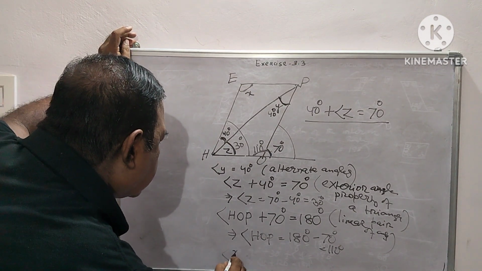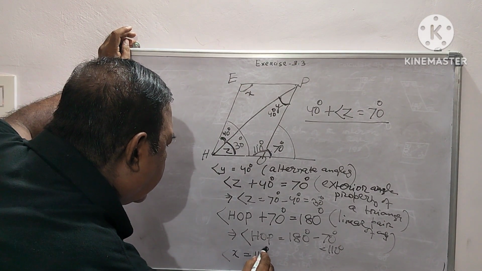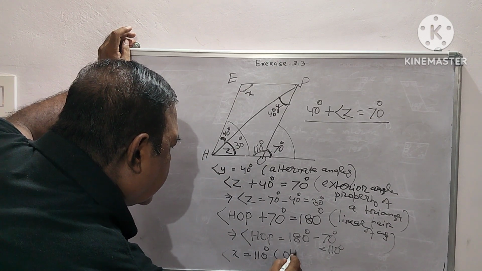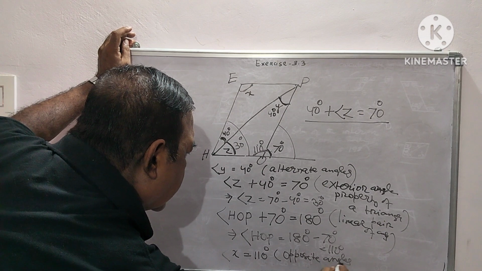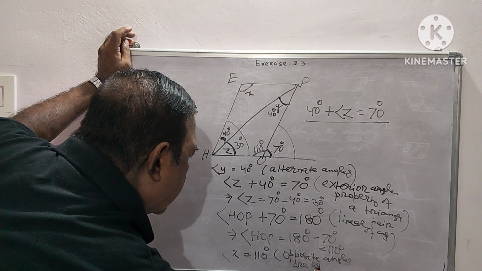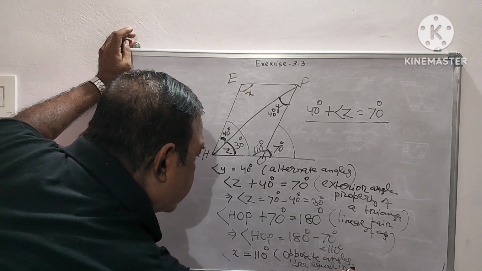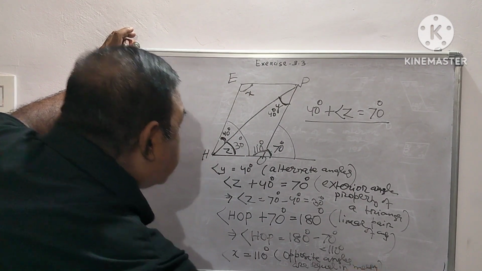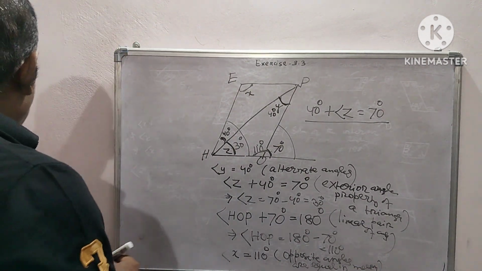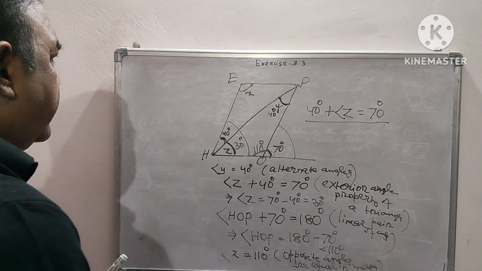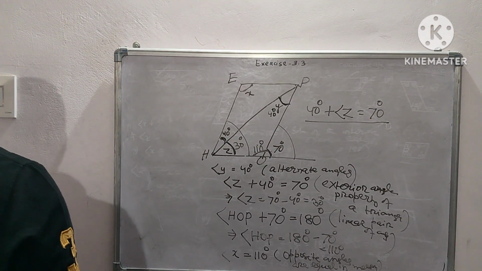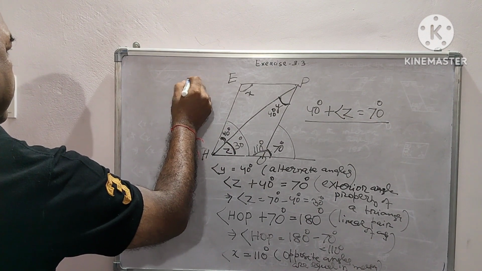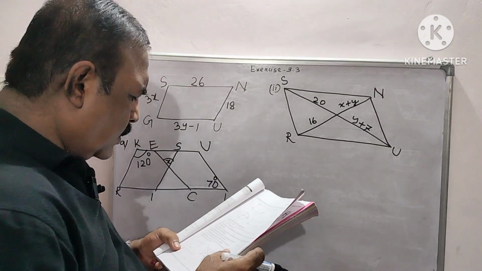So angle X is equal to 110 degree, because you may write here, opposite angles are equal in measure. So like this we can solve. So question number 7 is over. Yes, this is question number 7. So we will move to question number 8.